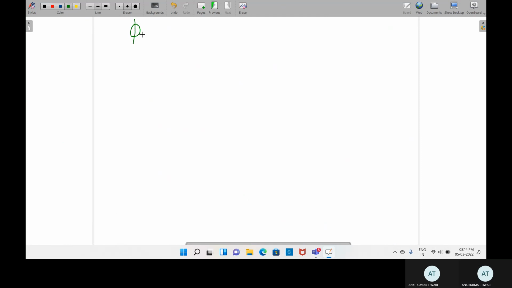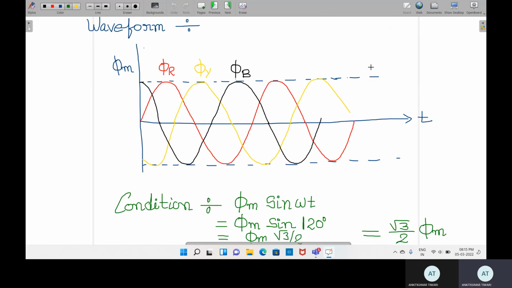So in the other sense, I will say phi r equals to phi y equals to phi b equals to under root 3 by 2 into phi m. It means all these are the alternating quantities.